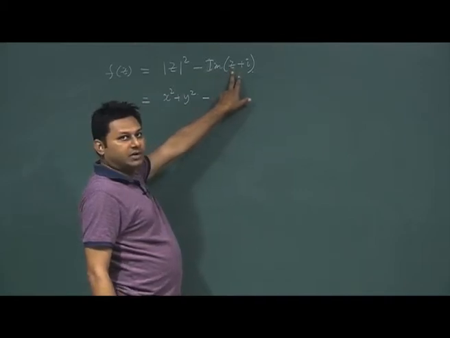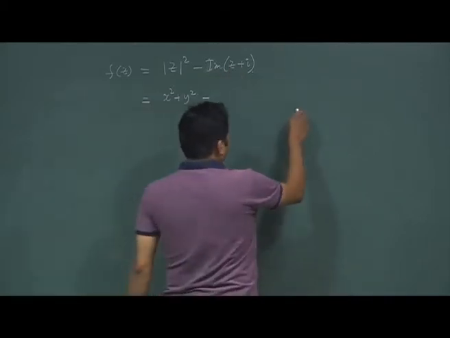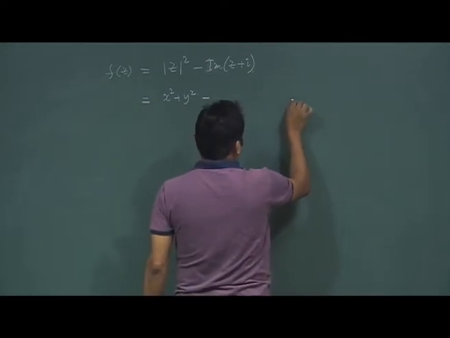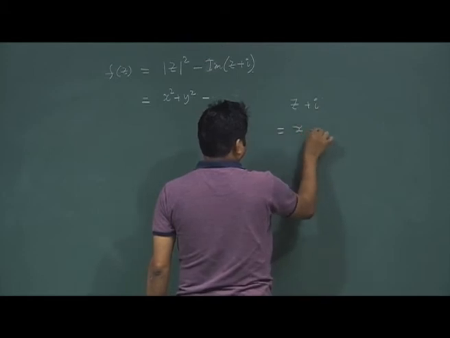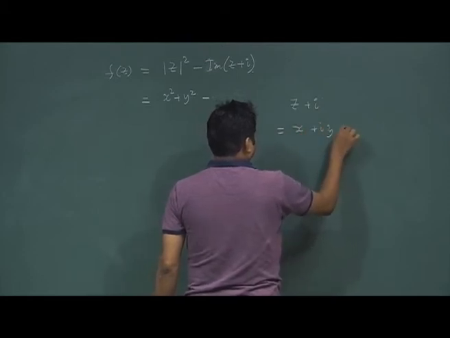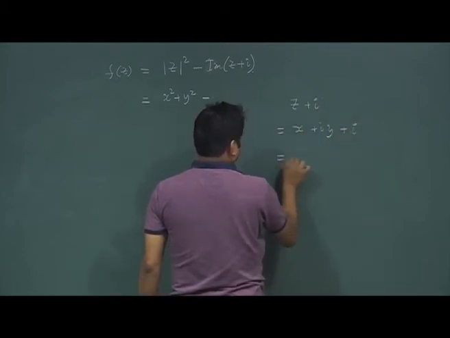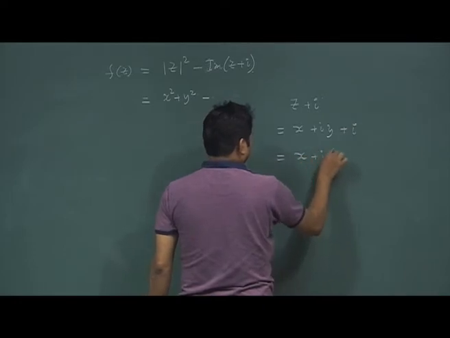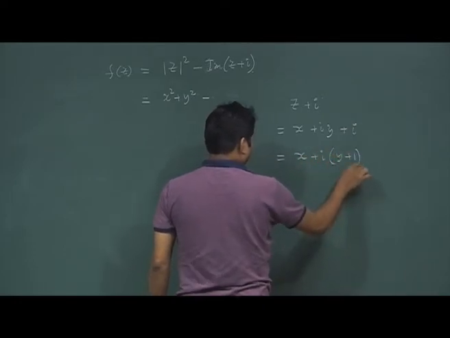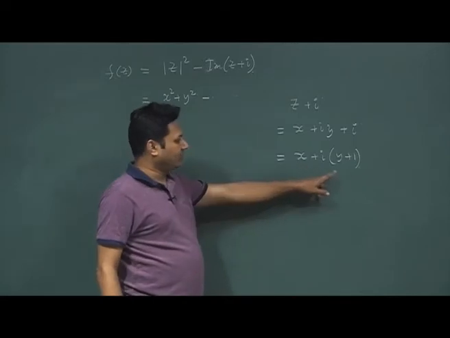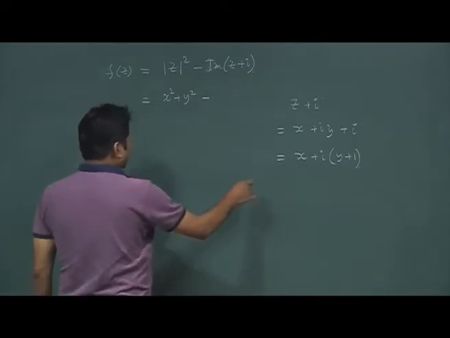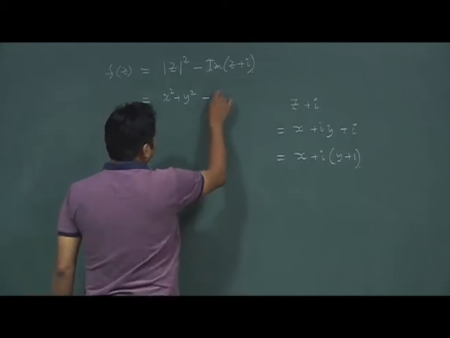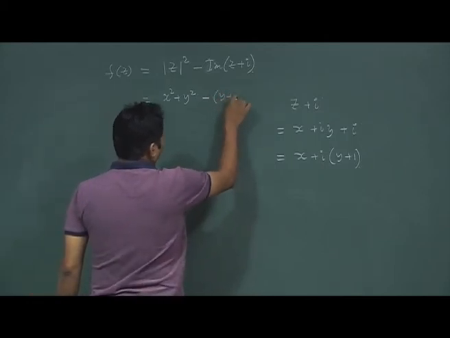What is the imaginary part of this quantity? z plus i is equal to x plus iy plus i, so x plus i(y plus 1). So the real part is x, and when I say the imaginary part, that means this quantity, which is nothing but y plus 1.